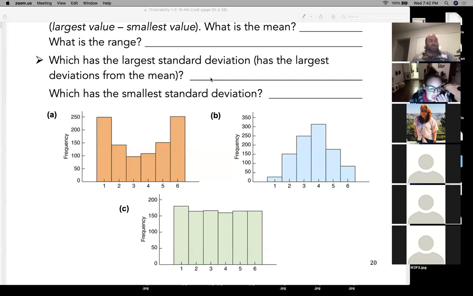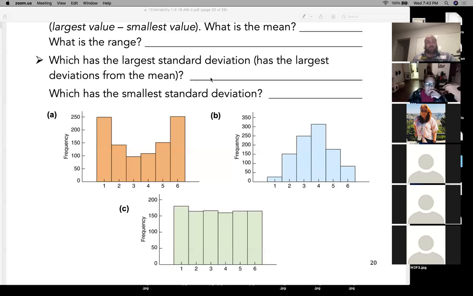So remember what standard deviation is measuring. Like the mean absolute deviation, the standard deviation is measuring essentially how far the data points are from the mean. Whichever one has data that is in general close to the mean is going to have a small standard deviation. Whichever one has data that's far from the mean is going to have in general a larger standard deviation.